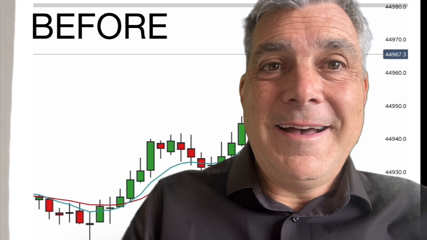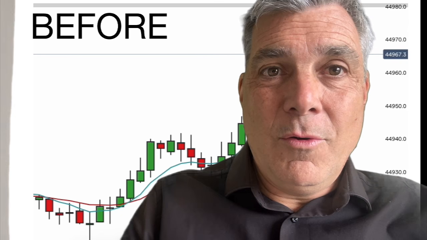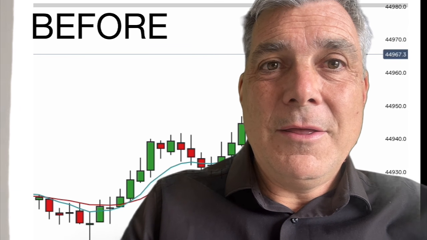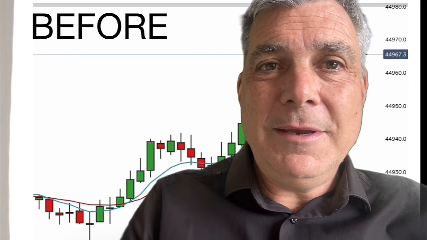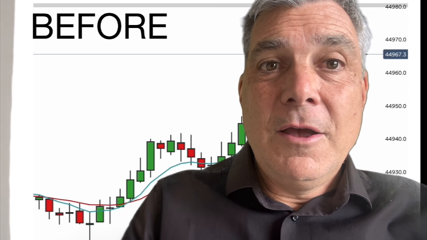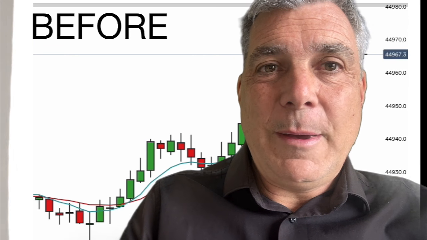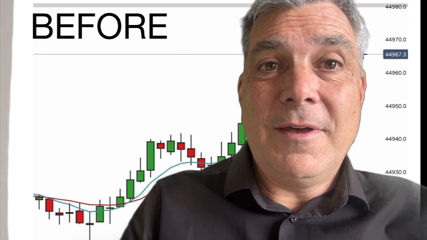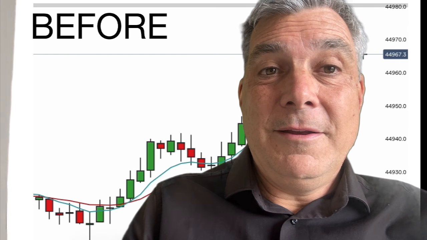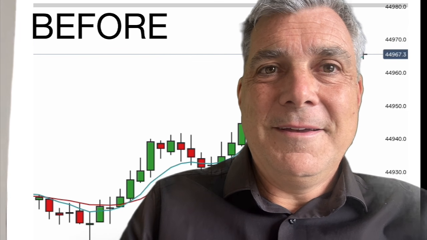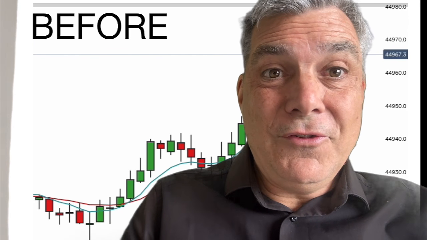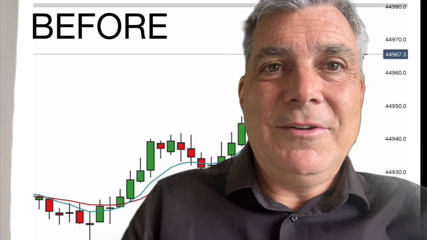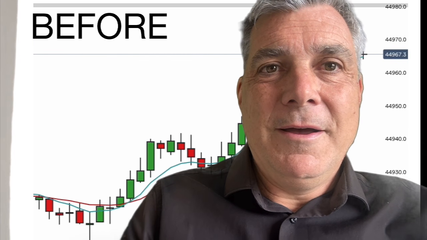I enter when the wick is complete and the candlestick starts moving in the direction I expect the trade to take. Those are the two things I'm looking for. It's not complicated, but the position needs to be right. So let's have a look at these trades, and I hope you get a better idea of what's going on.